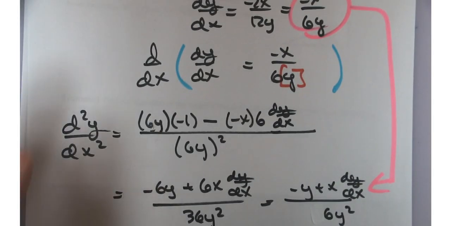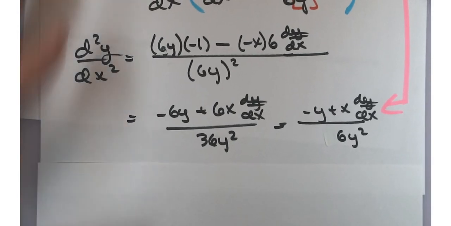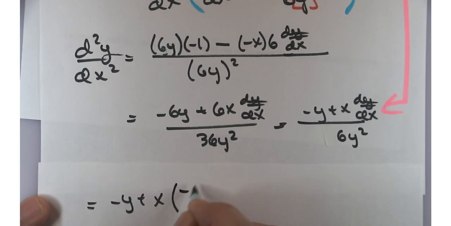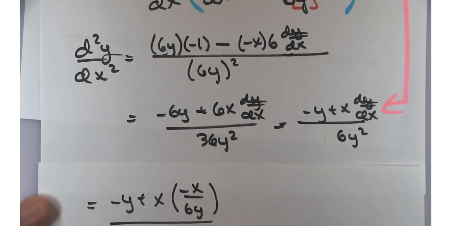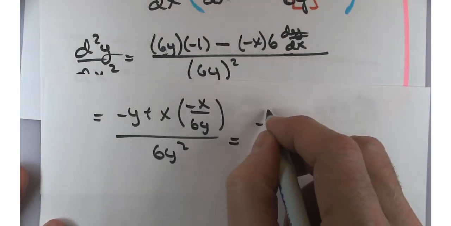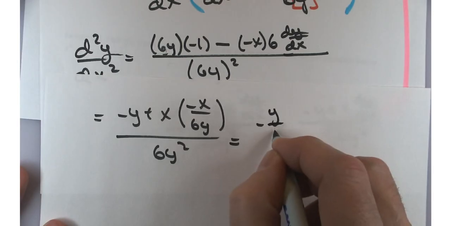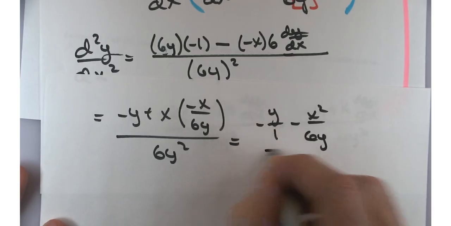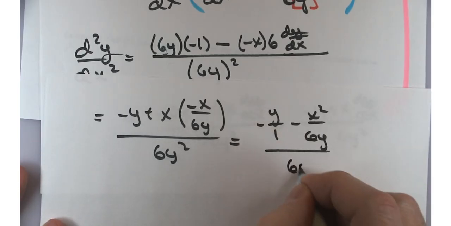Now, for myself, when I give these types of problems on an exam, I'm careful that I don't make the algebra too messy. So that's going to equal negative y plus x times negative x over 6y, over 6y squared. I'm going to think of that as negative y over 1 minus x squared over 6y, divided by 6y squared.